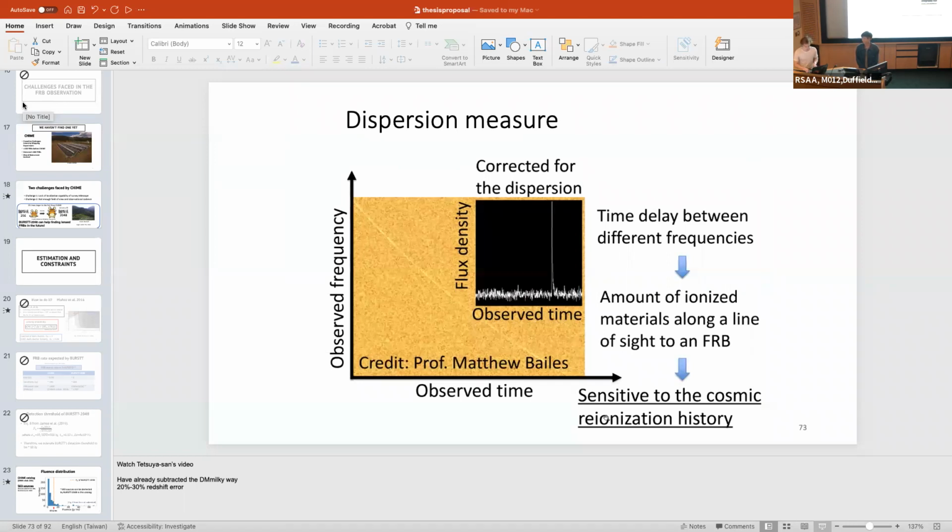Sorry, just because people online didn't hear the question: the first part was about the percentage chances of detecting FRBs in globular clusters specifically.